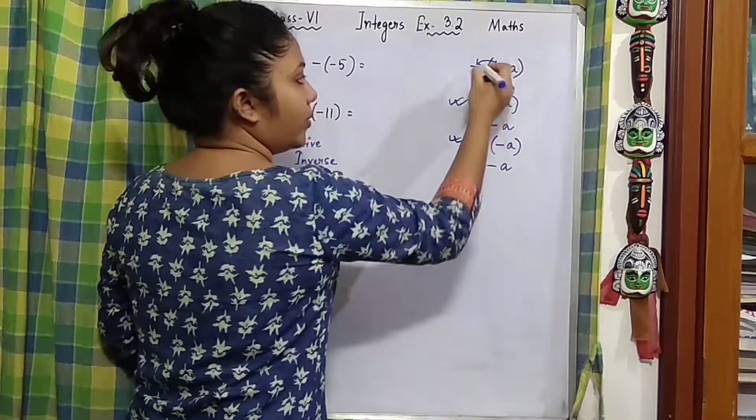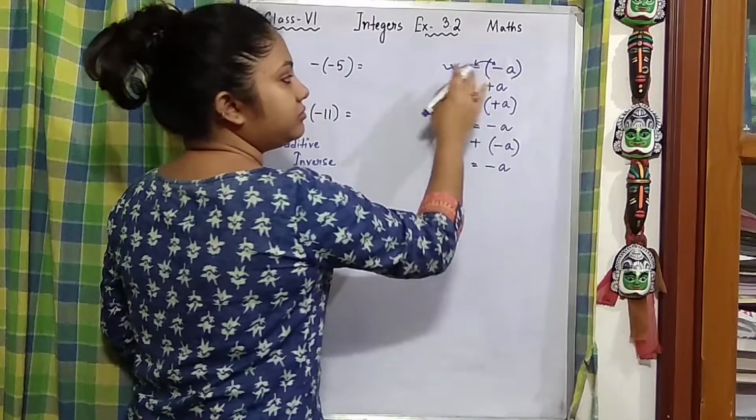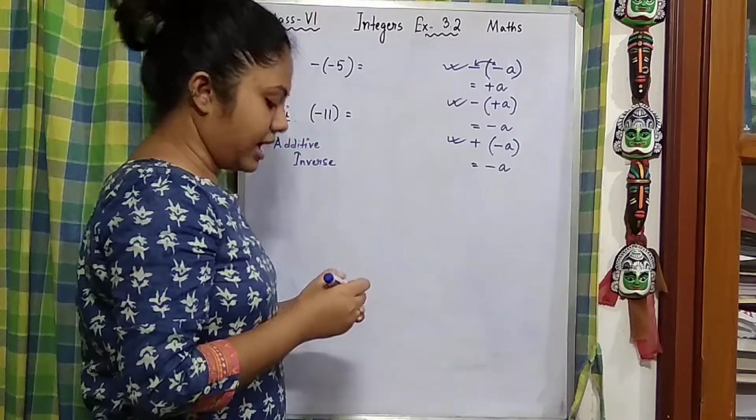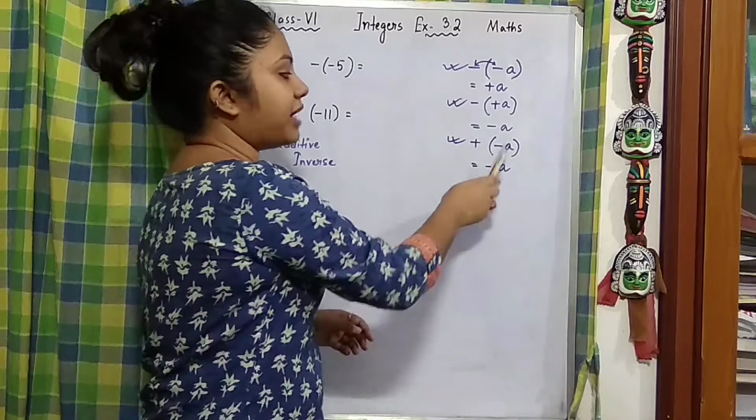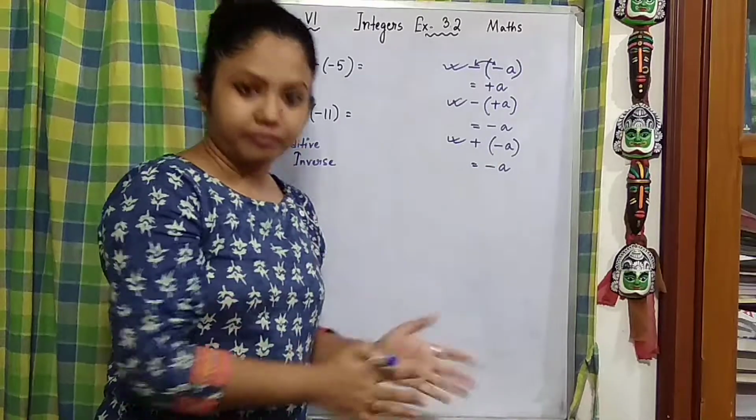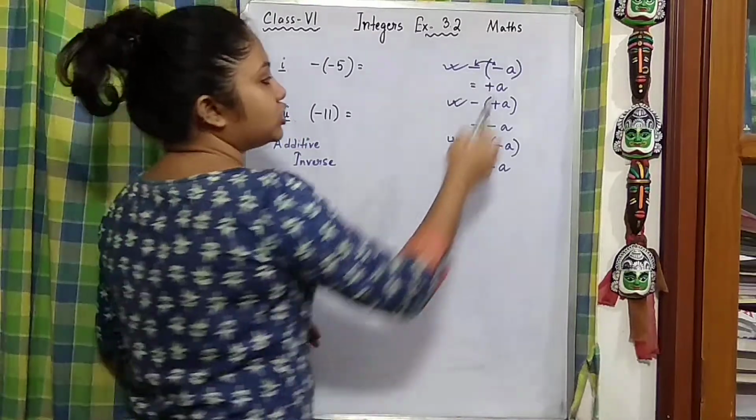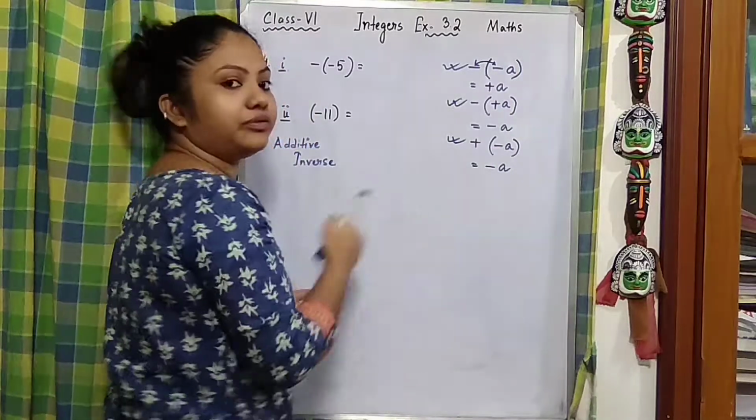So minus minus together gives a plus, minus plus together gives a minus, and plus minus together gives a minus. These are the three conditions we have to follow.